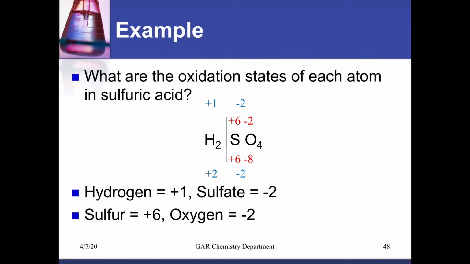So the hydrogens will total +2. However, since there's 2 atoms of hydrogen, that means each one is +1. So in this compound, hydrogen has an oxidation state of +1. The sulfate has an oxidation state of -2, but it's made up of sulfur with an oxidation state of +6 and oxygen with an oxidation state of -2.